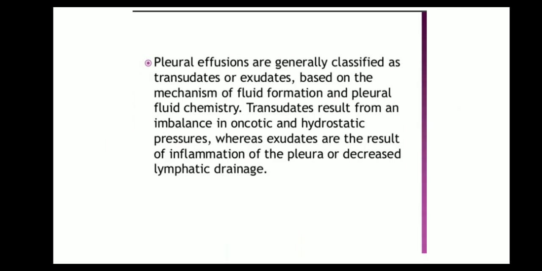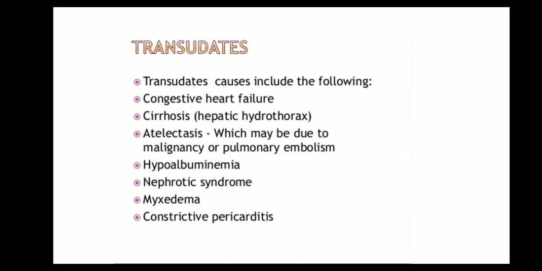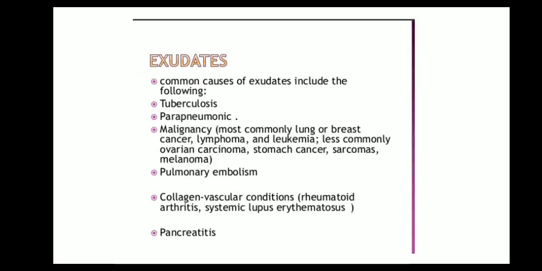Pleural effusions are of two types, transudate and exudate. Transudate is a result of imbalance in the oncotic and hydrostatic pressure, whereas exudate is because of inflammation of the pleura and decreased lymphatic drainage. Transudate causes are congestive heart failure, cirrhosis, atelectasis, hypoalbuminemia, nephrotic syndrome, myxedema, and constrictive pericarditis.